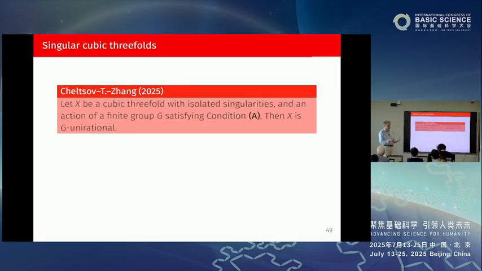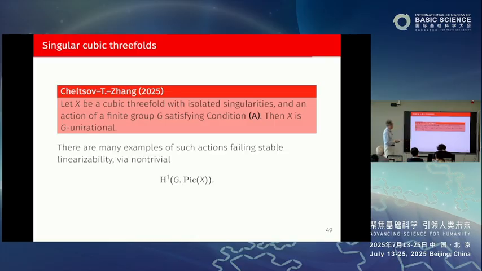Now, since we understand the smooth ones, what about singular ones? Of course, all singular cubics are rational. We looked at all possibilities for isolated singularities given in a recent thesis of Viktorova. And then we look at automorphisms that can arise. We classified everything inside. And then the theorem is that condition A implies unirationality in all cases.